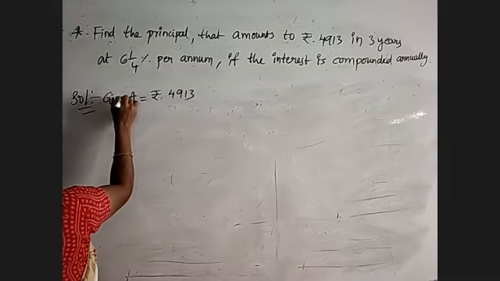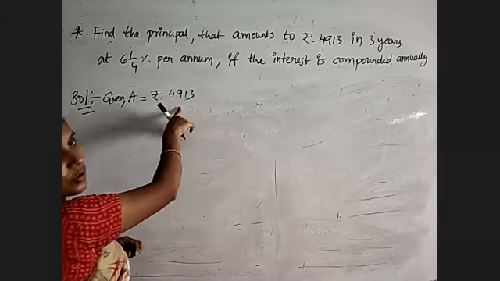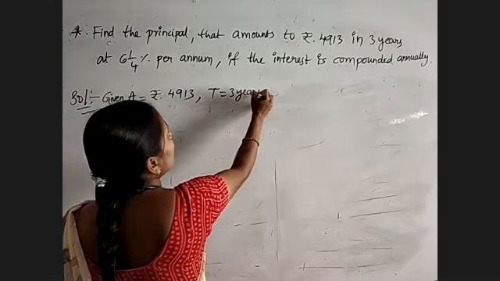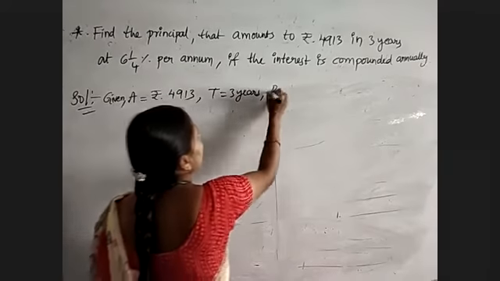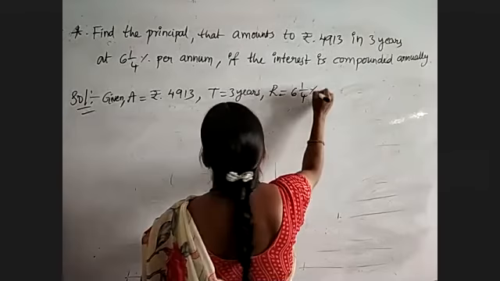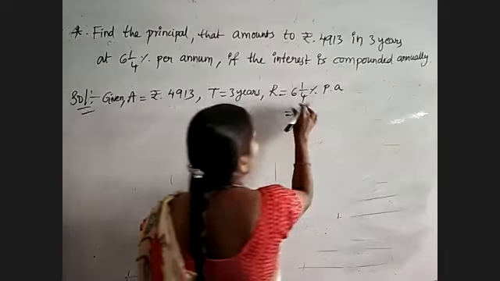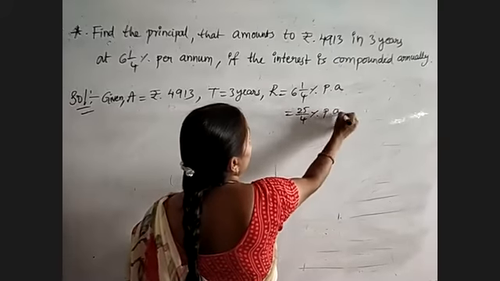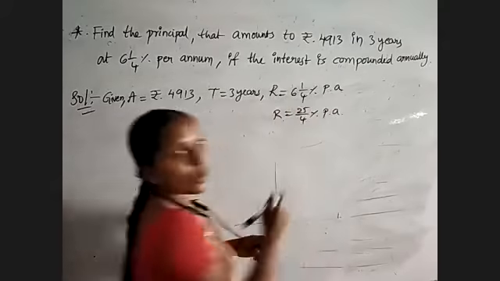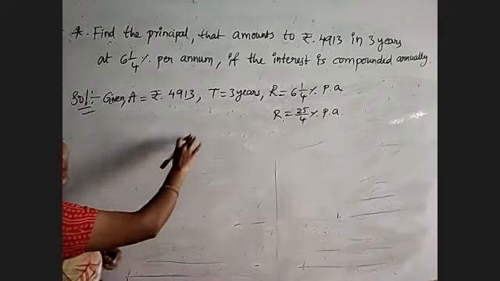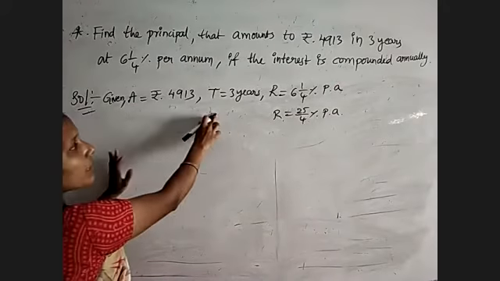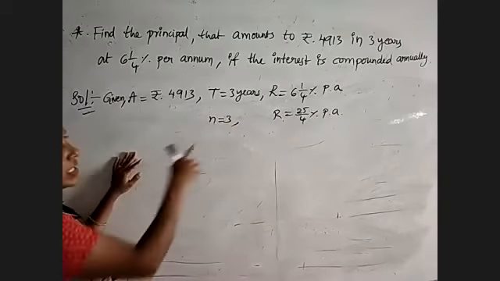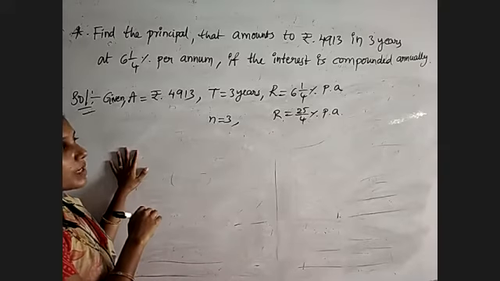Given amount is equal to 4,913, time is 3 years, and rate of interest is 6.4% per annum, that is 25/4% per annum. And here they mention that the interest is compounded annually, which means the number of conversion periods and rate of interest will be the same. Number of conversion periods is 3, rate is 25/4% per annum.